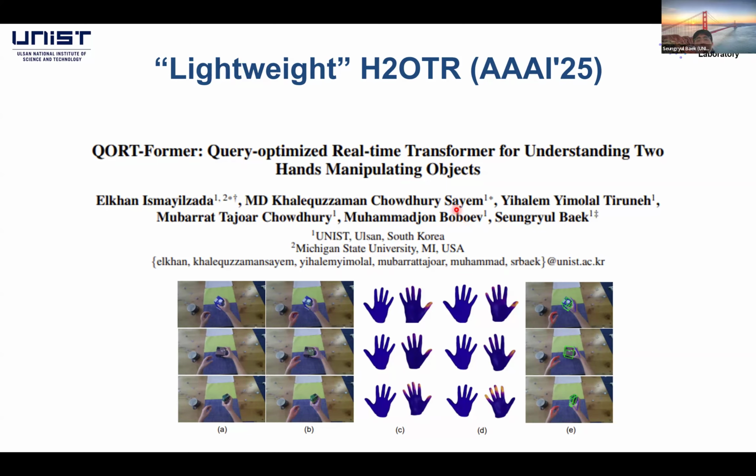H2OTR is a transformer-based architecture, but we want to achieve it in a lightweight way. Maybe some of the authors are here; Elkan is now leaving, but Sayem and Yalem are here.